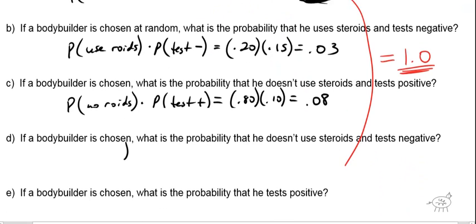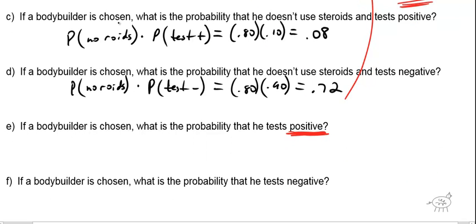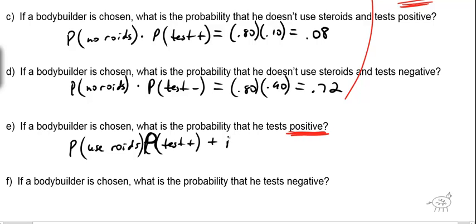So let me write this out here. Okay, it's going to be probability of use roids times probability of test positive, or, so it's plus probability of no roids times probability of test positive. Okay, just pull that off the chart.